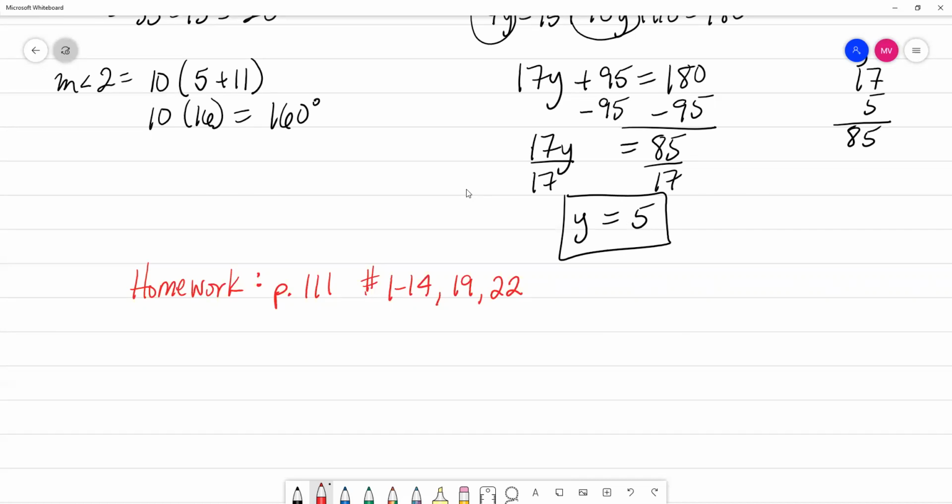Number 19 is similar to what we just did, and 1 through 14 is very easy, again like what we just did. Once you solve one, you've got all of the other ones. You just need to pay attention to which ones are supplementary, which ones are vertical, which ones are corresponding, etc. All right, you guys are dismissed.